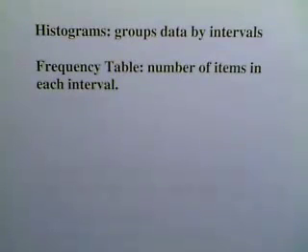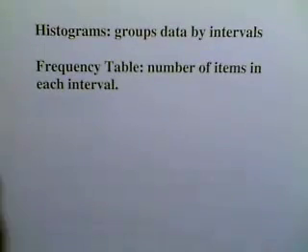So the vertical bar on a histogram will tell you how many times the event happened. Now we group the data into intervals like you do on the bar graph, but the bars will touch on a histogram. So that will be your first clue as to whether you have a bar graph or a histogram. Do the bars touch or do they not touch?